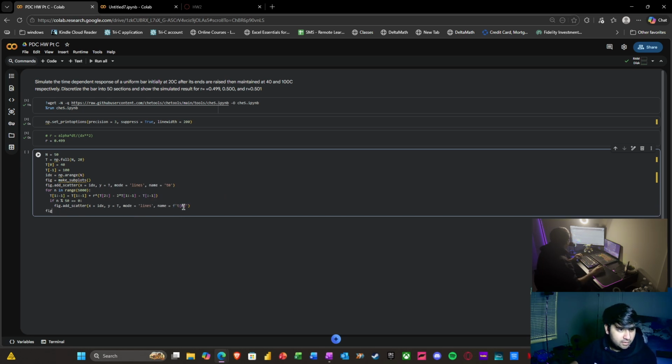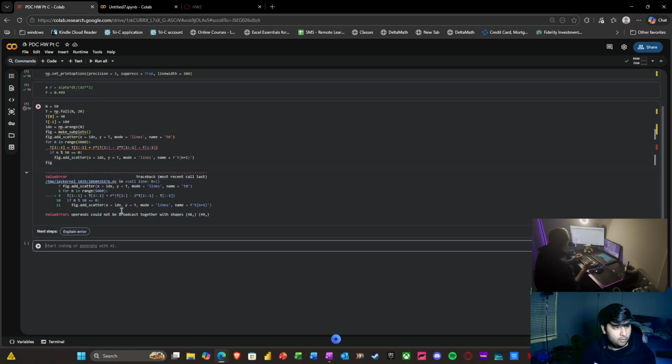So it's going to use this line of code if n divided by 50 is equal to 0. So let's just see if that works.